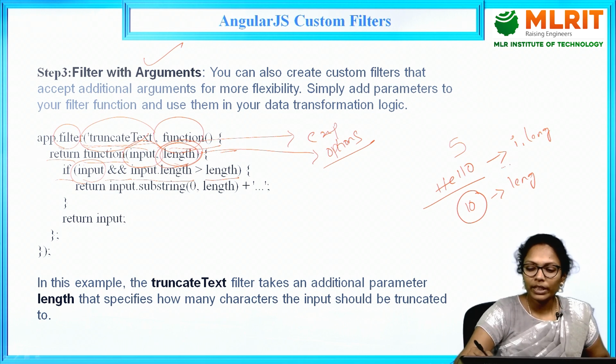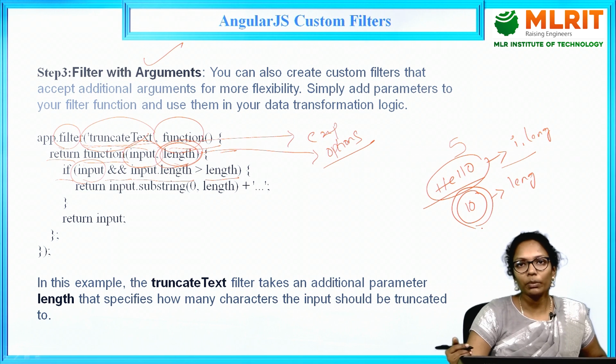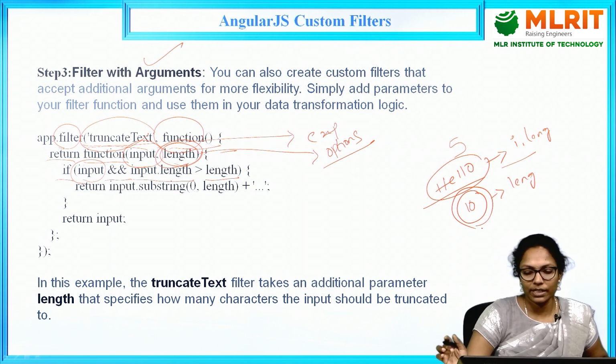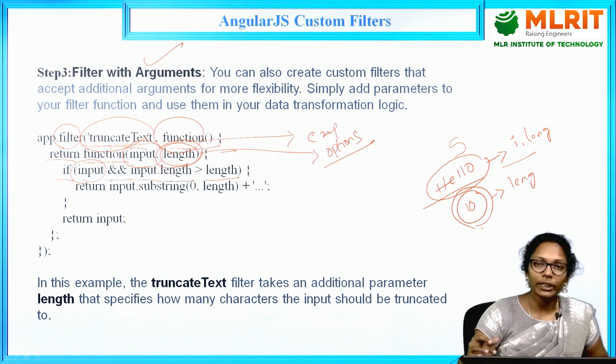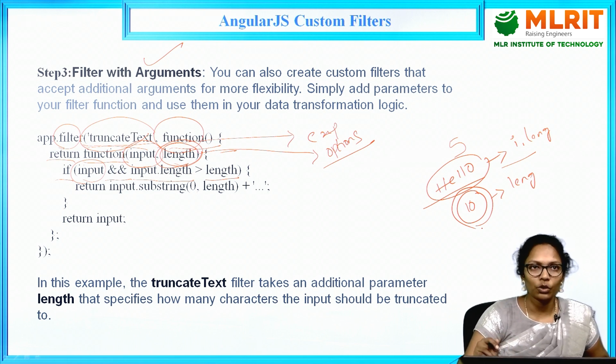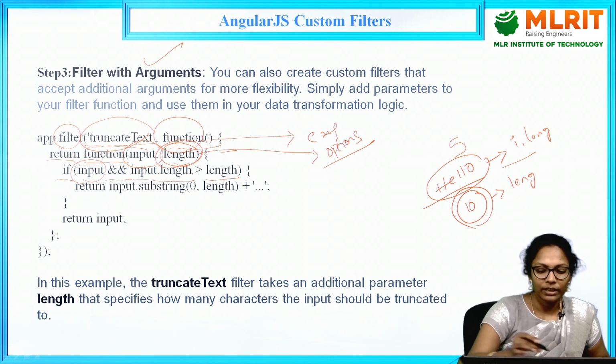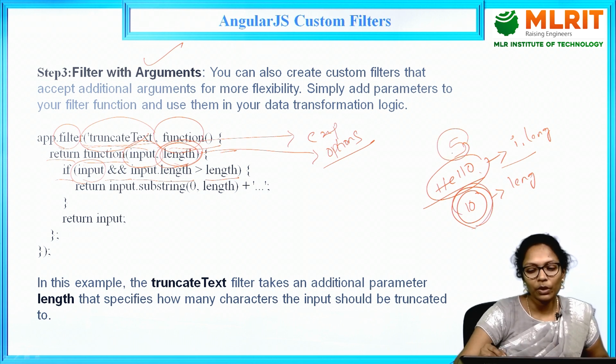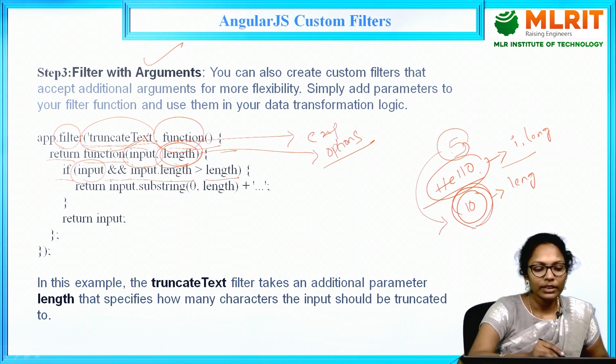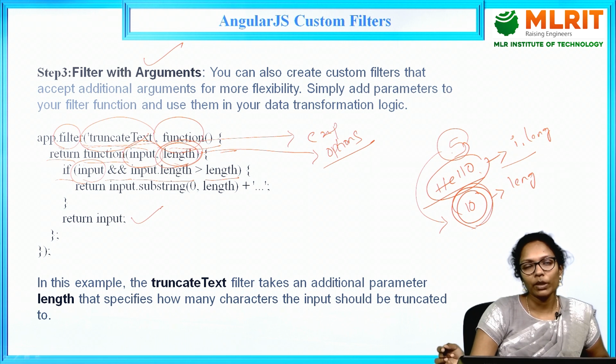If the input length is only 5 characters, but you want to truncate it to 10 characters, it is not possible. It will simply give the spaces. So for better programming, I am checking that condition also, whether input dot length is greater than the given length or not. If the input dot length is greater than the given length, then only this logic will be applied. Otherwise, as it is, the input will be returned.